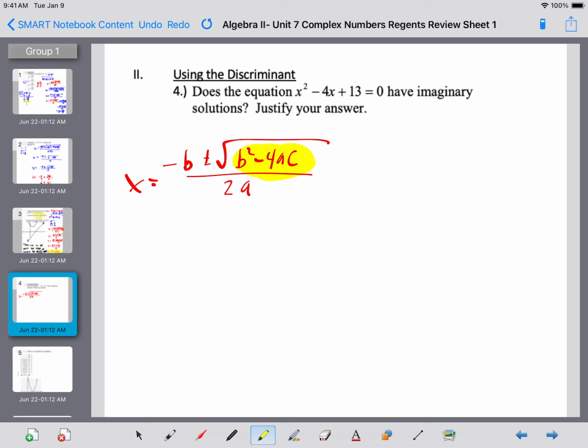So if this equals a negative, then it's going to be imaginary. That part that I highlighted is called your discriminant. So if your discriminant is less than 0, that means you have two complex solutions.